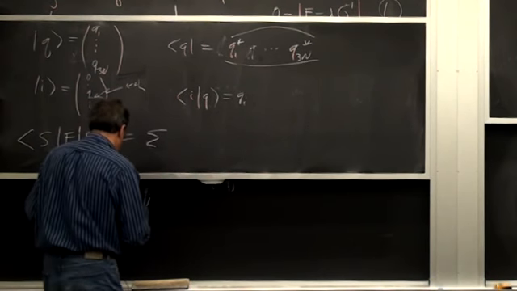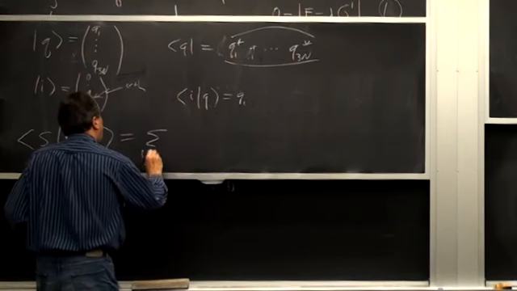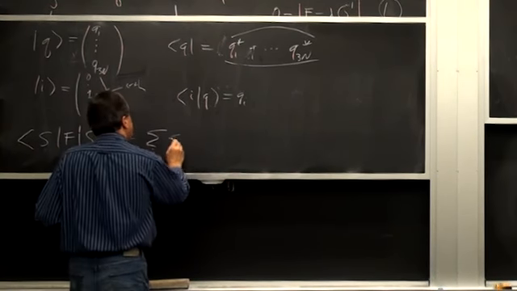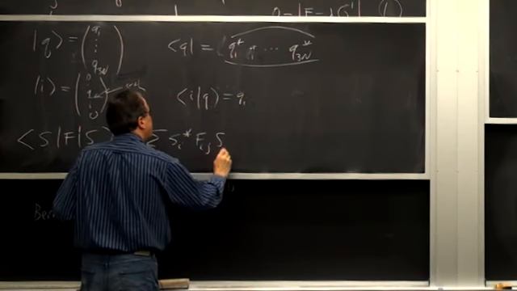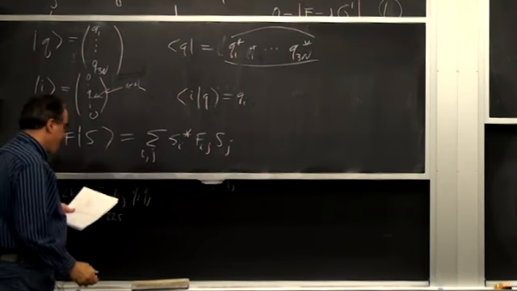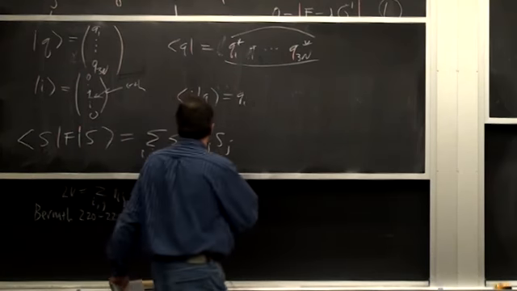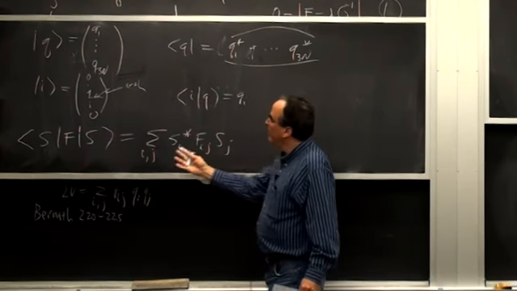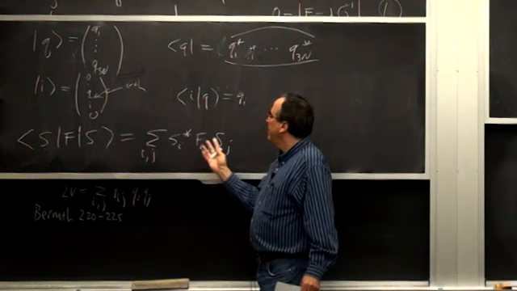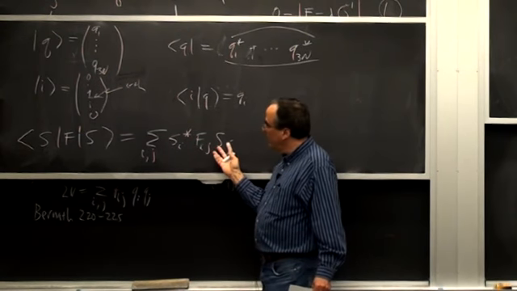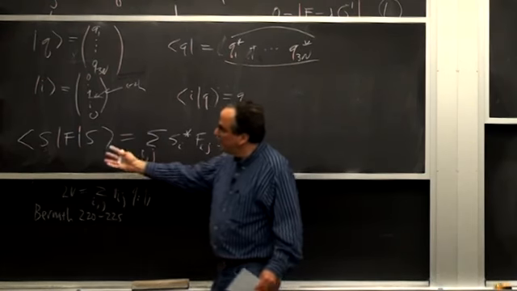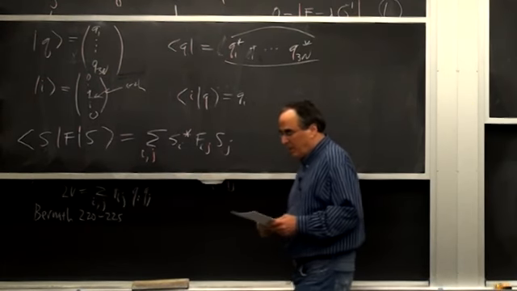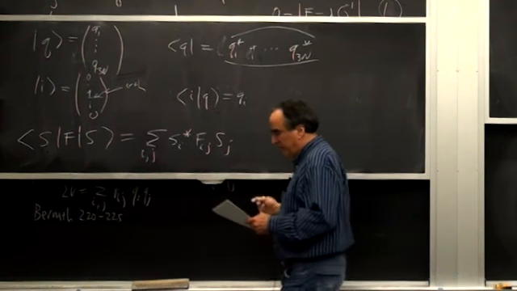That is the sum over i and j of Si star Fij Sj. These are values of displacements of the ith and jth internal coordinates, and this is an element of the F matrix. So this is a number.